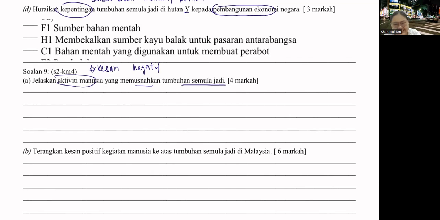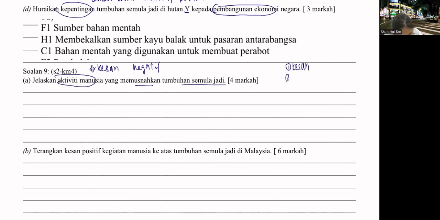And it causes animals to lose their shelter, then leads to kepupusan flora dan fauna, right? It's not really KBAT, but in your textbook, it's shown like this. You learn the kesan, and then you explain the activity, like what we do. You learn in this way. But now they expect you to turn your mindset and explain oppositely. All right. So same, yeah.